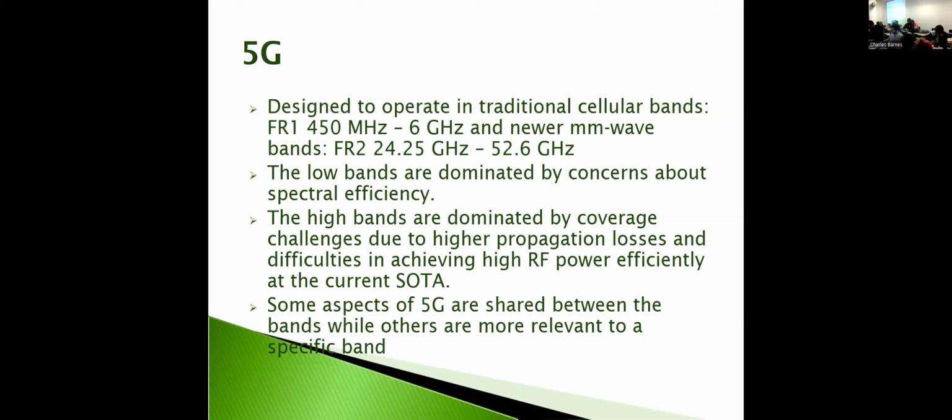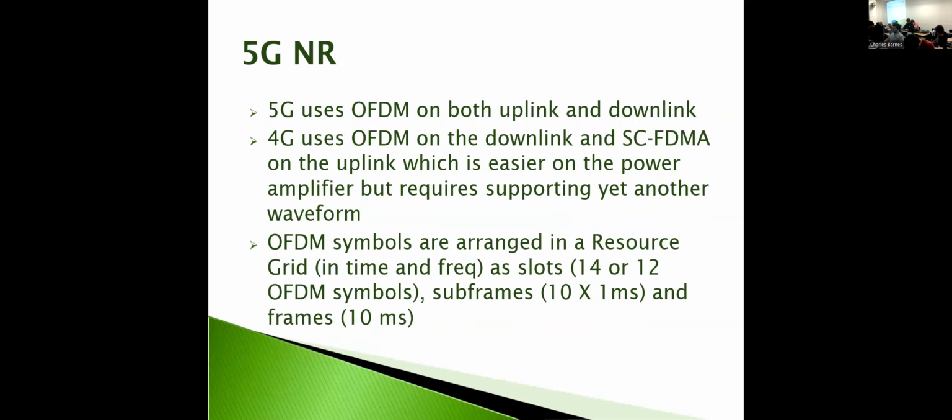The goal has been to come up with a single standard with enough options that we can get economies of scale. So when you're building hardware, when you're writing software, it can be used in as many different applications as possible. All right, so 5G uses OFDM on both uplink and downlink.